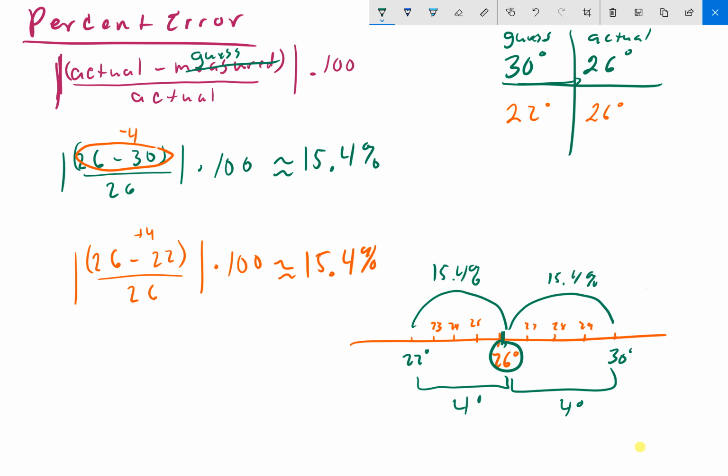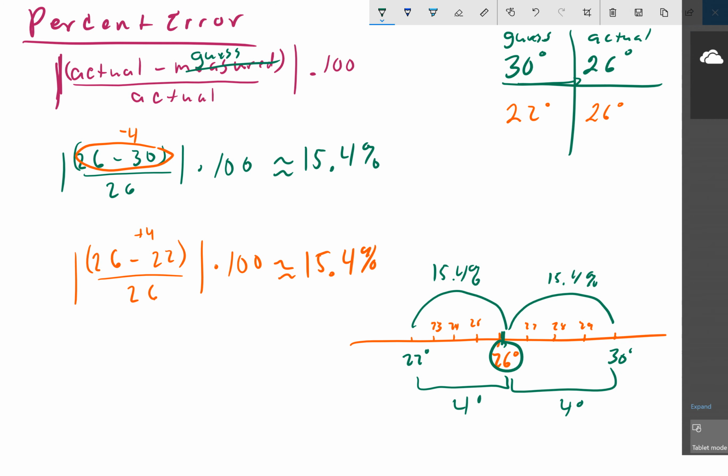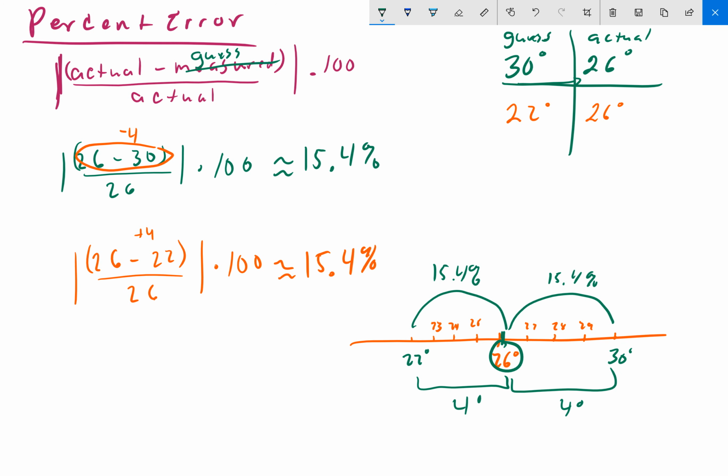It doesn't matter that one's below and one's above, so that's why we don't use positive and negative values. I can't stress this enough, which is why we use the absolute value, because your values are going to be positive. I am equally as wrong guessing 22 degrees as I was guessing 30 degrees, because I was off by a difference of 4 degrees.